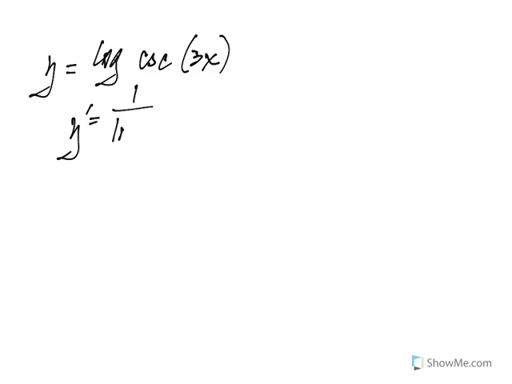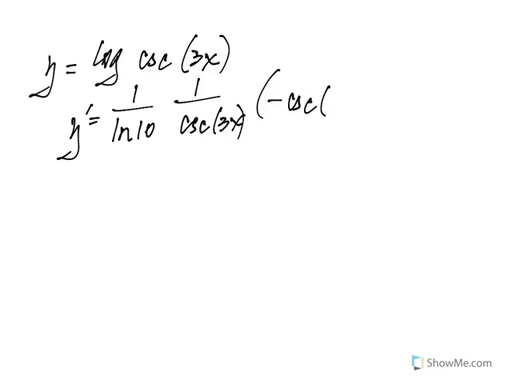This is going to be 1 over the natural log of the base. And remember, this is the common base, right? If it's not written, but it is written as log, that is base 10. So it's 1 over ln 10. This is going to be then times 1 over what I'm logging, which is 1 over the cosecant of 3x, times the derivative of the cosecant of 3x. That, again, is the chain rule.